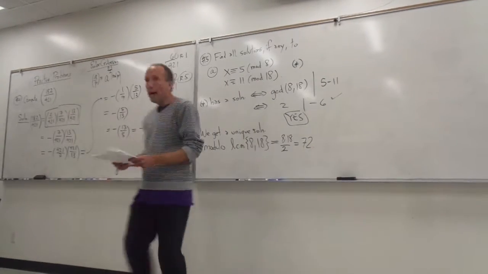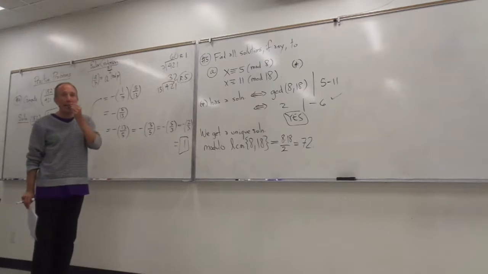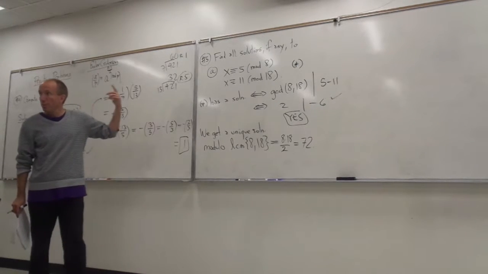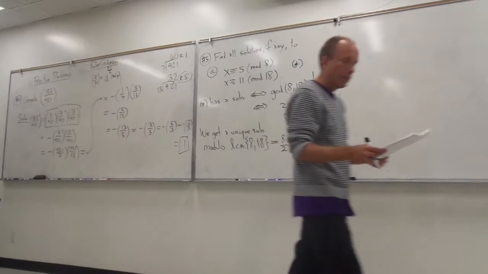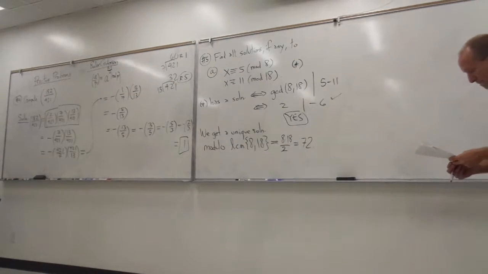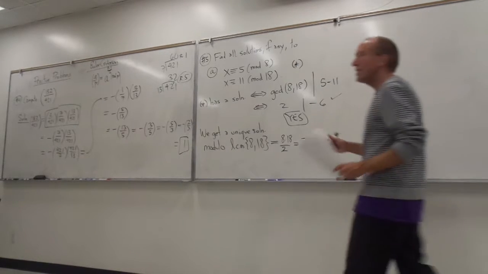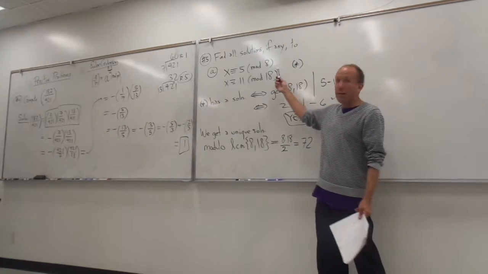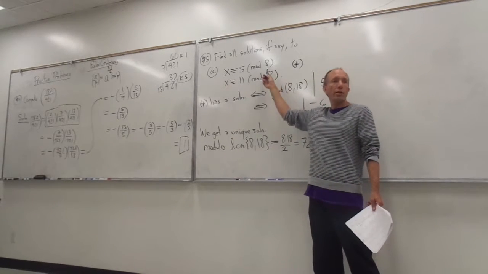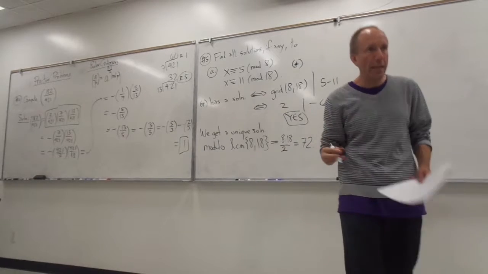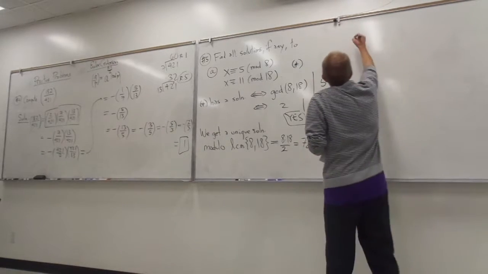Okay. Now, does anybody remember how to get the solutions to this system of congruences in this case? Does anybody remember the way we do that? Okay, I'm going to remind you. Essentially, you're going to write the GCD. You're going to, once again, figure out how to write the GCD as a linear combination of the 8 and the 18. So let's start with that. I'm going to take 18.